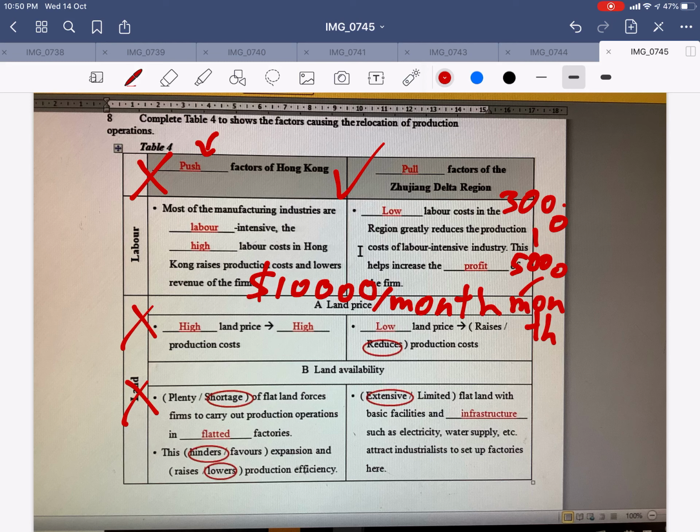Just like in the morning, 3D students should have this kind of experience: you found your classroom has Mr. Leung here, and Mr. Leung is very horrible and pushes you out from the classroom, right? So Mr. Leung is a push factor for you.